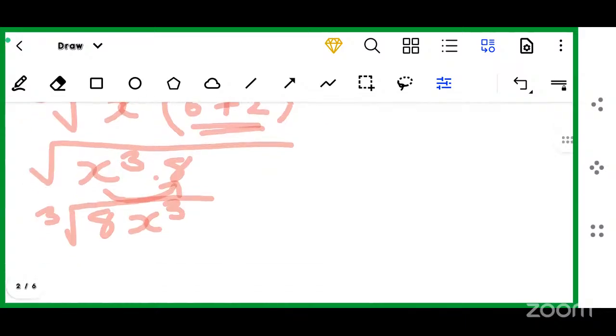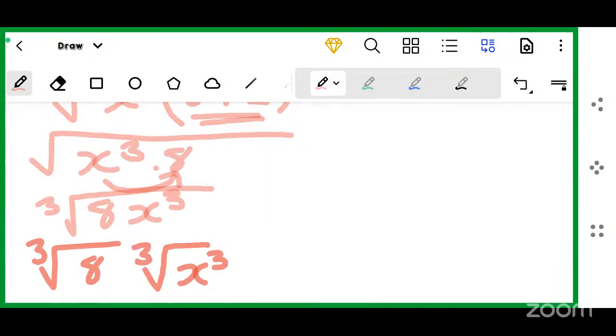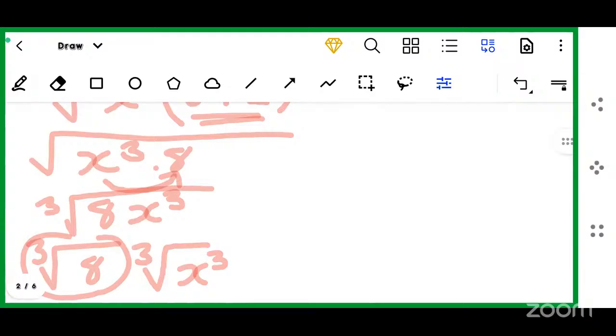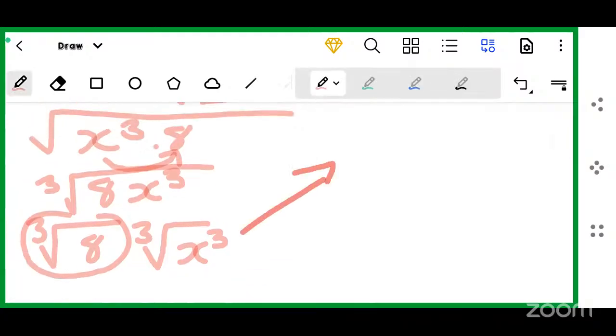So the next thing is you're going to say cube root of 8 and also cube root of x to the power of 3. And then you work this one out. Let me write it here, actually. So when you go forward, you try firstly saying 2 to the power of 3, because 2 to the power of 3 is the same as 8.